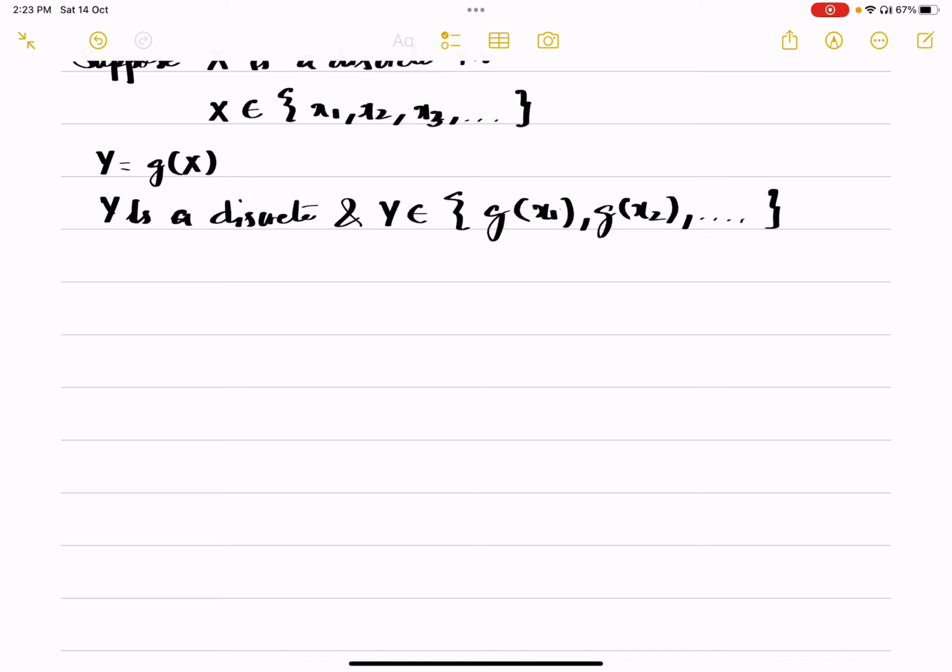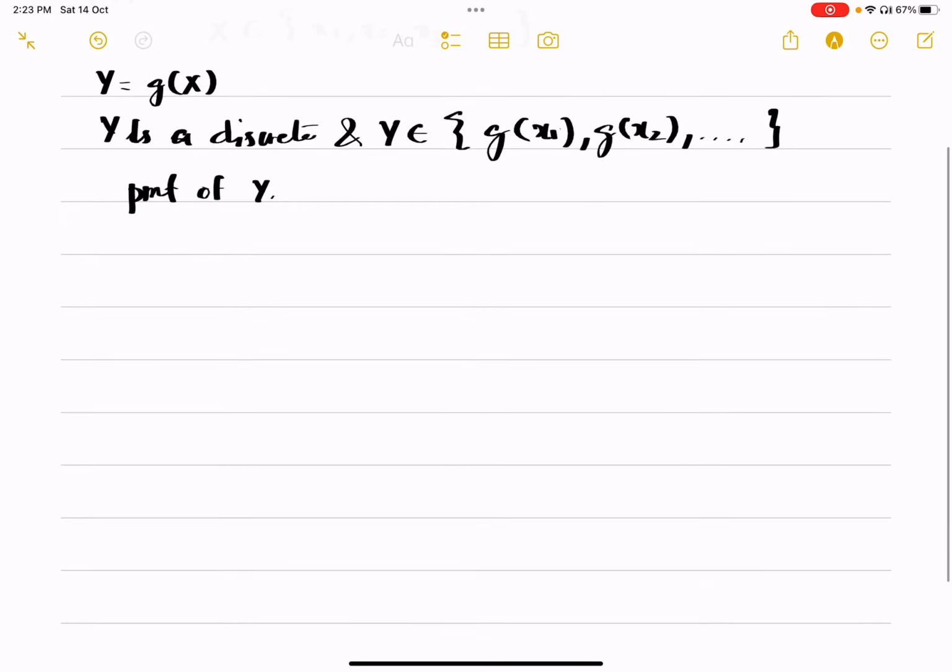Then what is interesting for us is to find the PMF. Earlier, for continuous random variables, we found the distribution function. Here we are more interested in the PMF because it is something we can obtain ultimately.